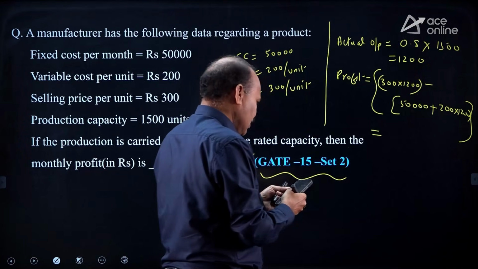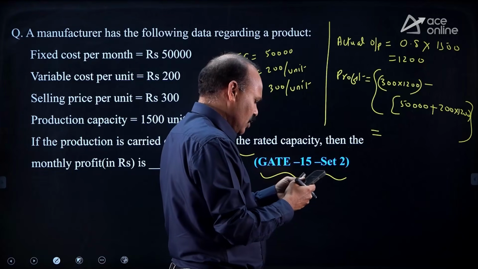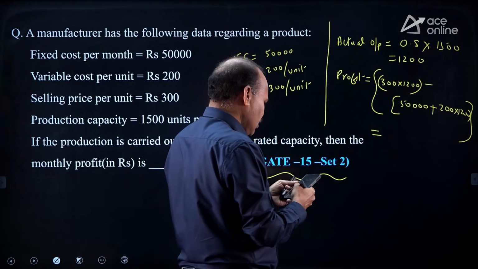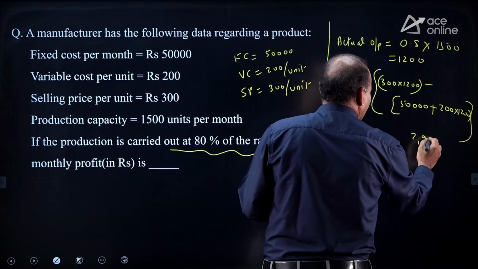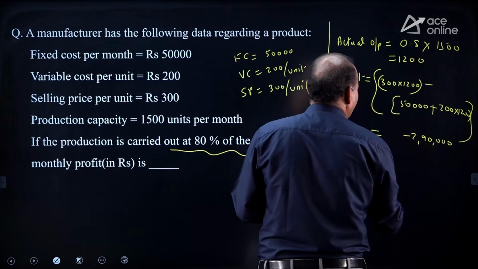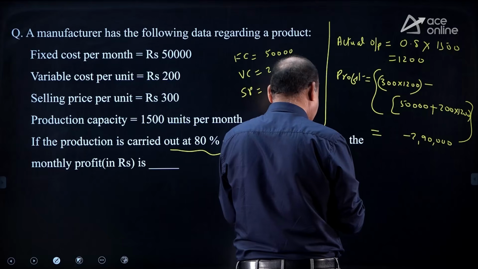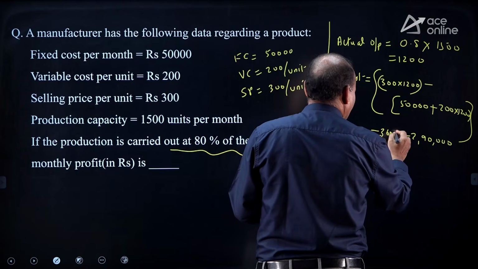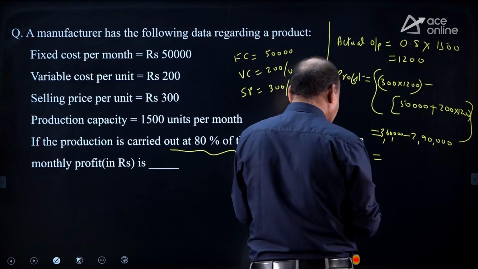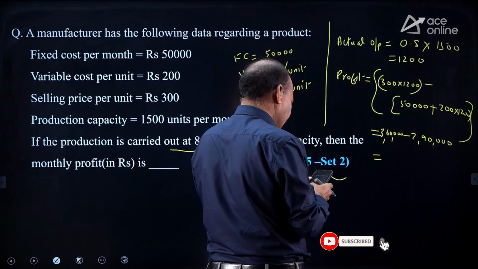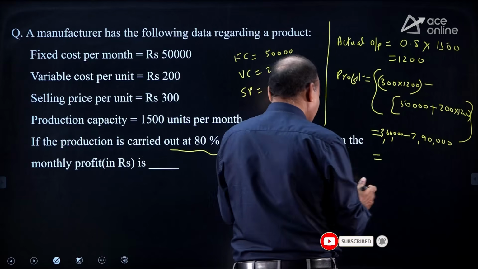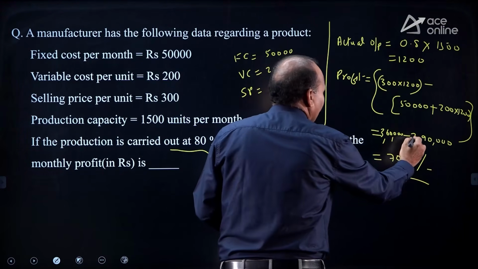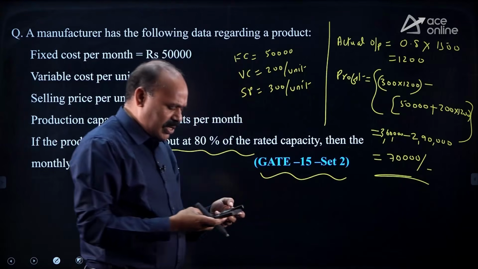Simplifying, 1200 into 200 plus 50,000, 2,90,000 is the cost, minus... revenue 3,60,000. 3,60,000 minus 2,90,000, 70,000 is the profit. It's a similar kind of question only.